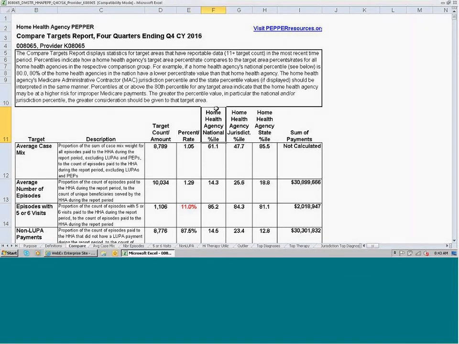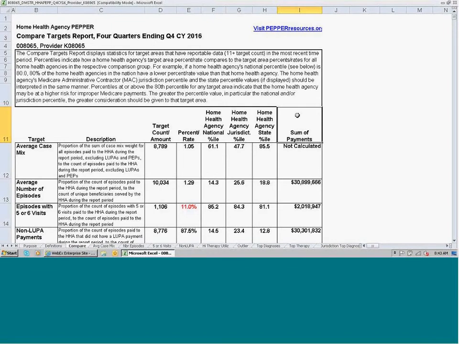Here you will see your agency's national percentile. Here you will see your agency's jurisdiction percentile and your state percentile. And then where it's available, we display for you the sum of payments. This would be the total amount of Medicare reimbursement that your agency received for the numerator episode.